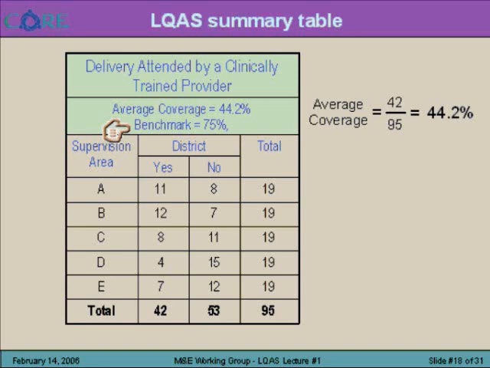In other words, this is what we aim to achieve: 75% of deliveries attended by a clinically trained provider. And as you can see from this table, we know that the sample size used in each supervision area for this particular indicator has always been 19.